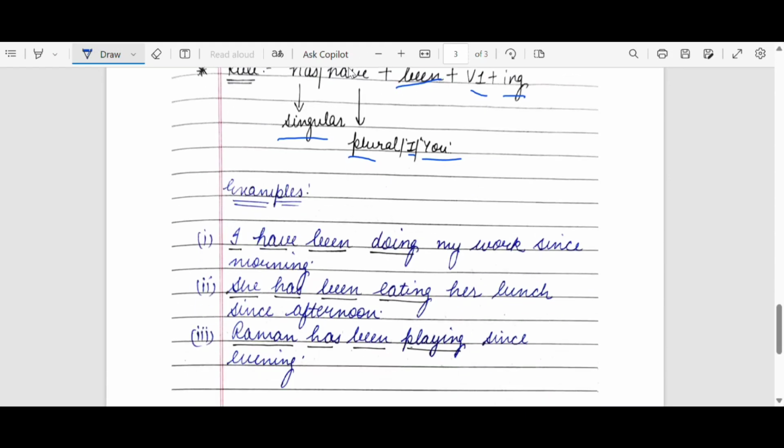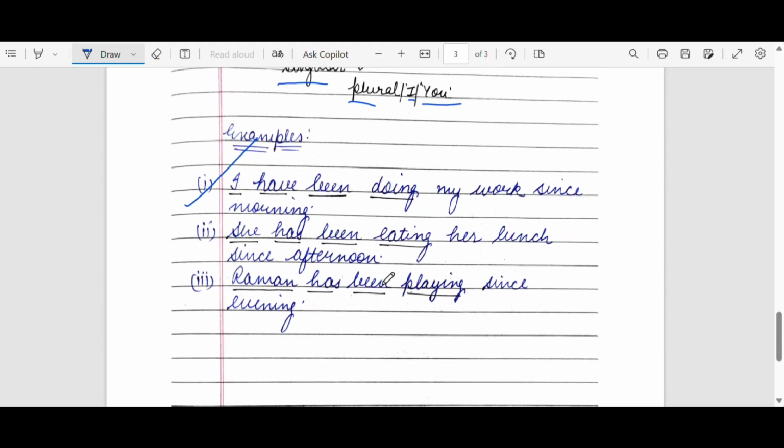Let us see some examples. First example is I have been doing my work since morning. With I we use have as mentioned in the rule. Been. It is the additional word. Do, V1 plus ing, it forms doing my work since morning. I have been doing my work since morning. Second, she has been eating her lunch since afternoon.